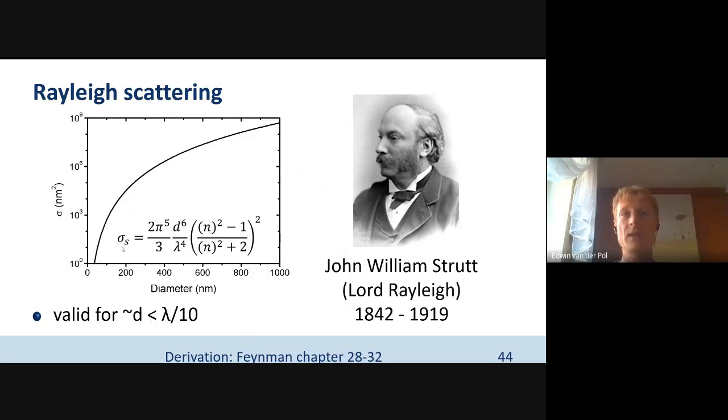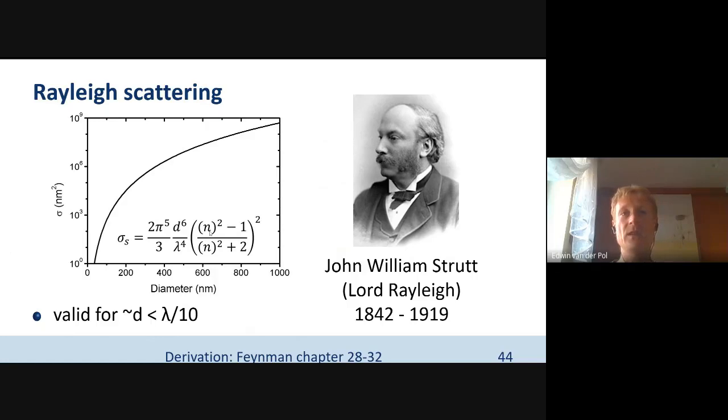If you go from a 10 nanometer particle to a 100 nanometer particle, you get 1 million times more light. For the rest, there is a division by lambda to the power of 4, so it's strongly dependent on the wavelength as well. A shorter wavelength gives you more scattering.